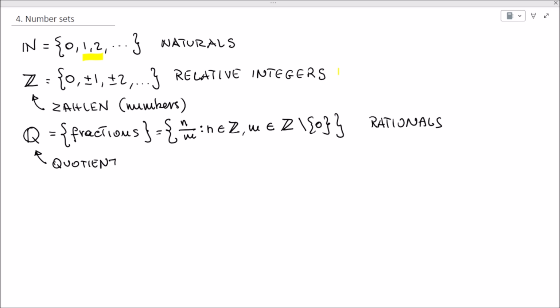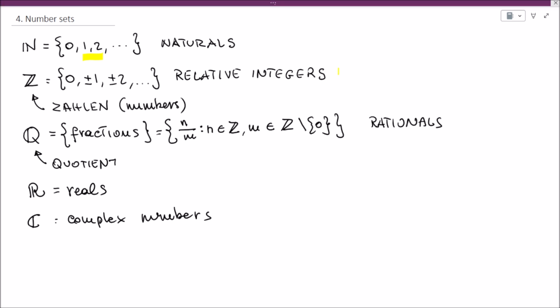The next set that we will introduce is the set of reals, and then we have complex numbers.